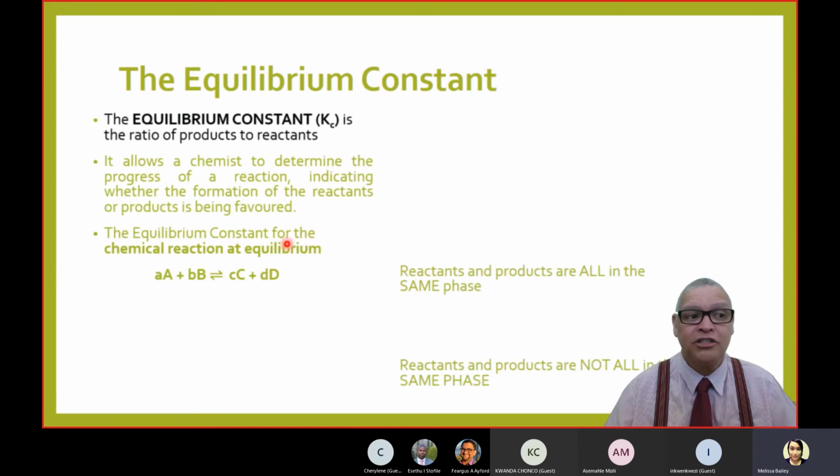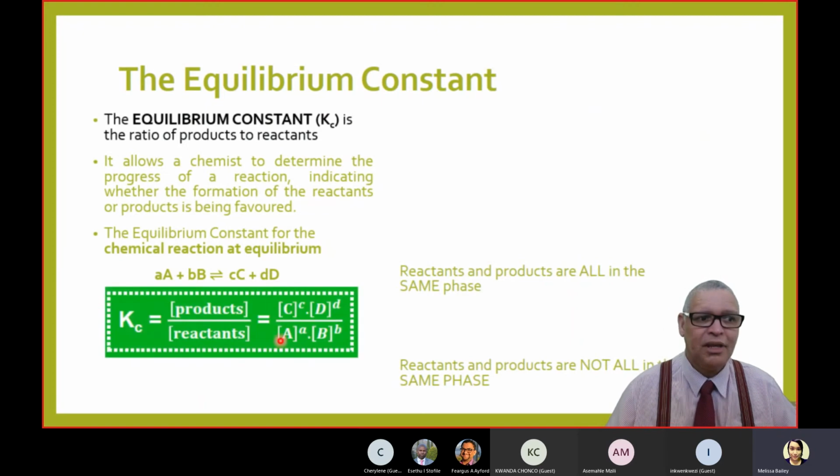The equilibrium constant for the chemical reaction at equilibrium of this particular reaction. Notice there's a moles of compound A plus b moles of compound B goes to c moles of compound C plus d moles of compound D.